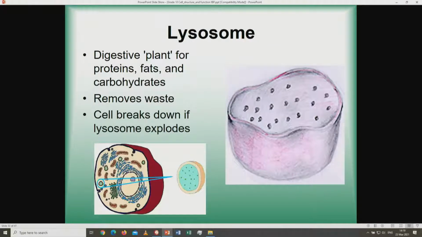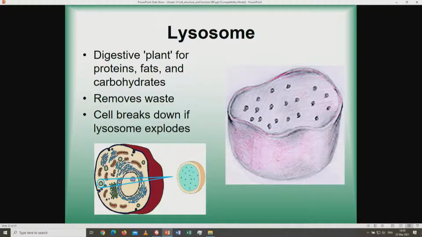Then your lysosome, as I said, is a digestive plant for proteins, fats, and carbohydrates. It removes waste. It takes out everything that is unnecessary, that isn't needed in the body, that is just waste and overall extra. It helps you to also break down the cells.